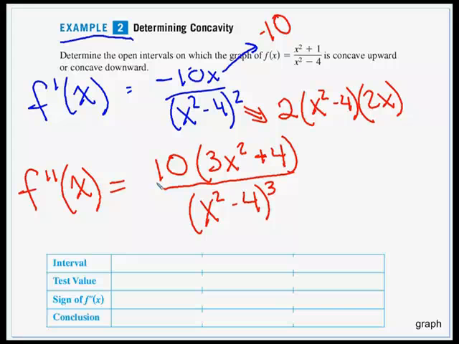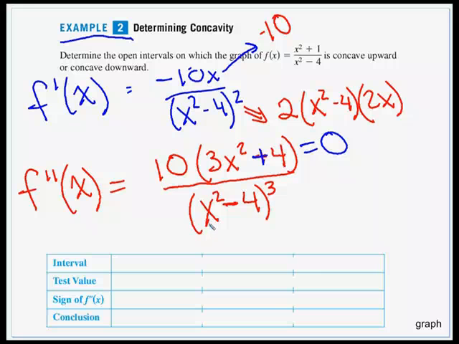So we have our second derivative, and we have to ask ourselves, when would this equal 0, or when would it be undefined? Well, it's equal to 0 if our numerator equals 0. And here we have a 10. Inside the parentheses, we have a squared term, and we add something to it. So no matter what we plug in for x, squaring it will make it positive, times 3 is positive, adding 4 is positive, times the 10 is positive. So this numerator is never going to equal 0.